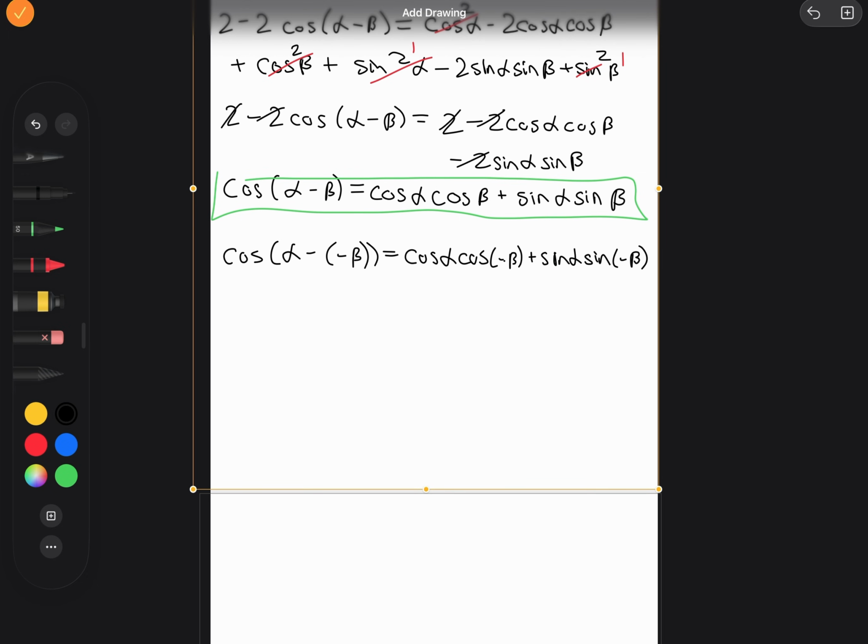And we can just pull out the negative signs for both, but because cosine's an even function, the negative sign won't come up, but sine's odd, so the negative sign will come up. So the left hand side is cosine alpha plus beta, and the right hand side is cosine alpha cosine beta minus sine alpha sine beta. And that's our second identity.